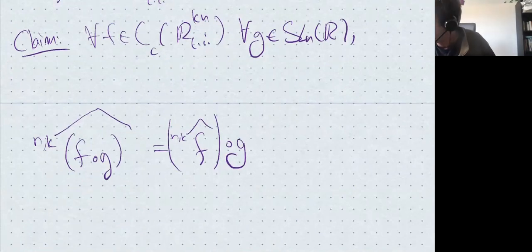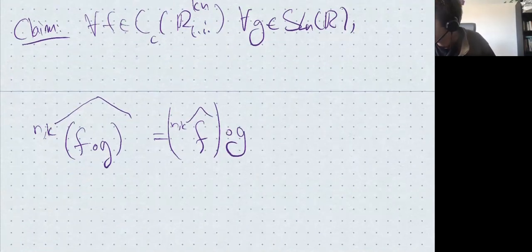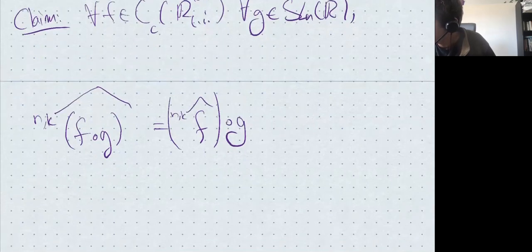So let's just quickly check this. Let me try to be fancy here. I'm proving this equality, so let me write it in a different color so you know that I haven't proved it yet.